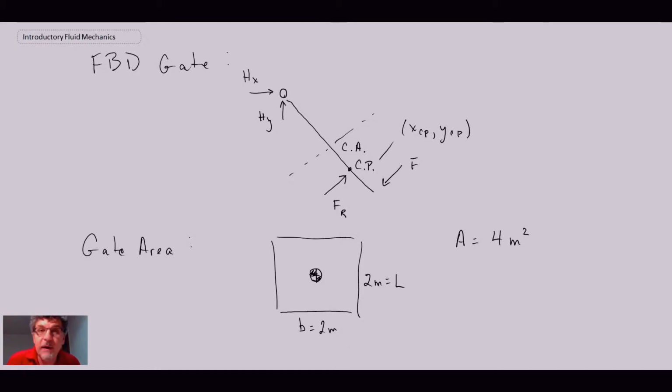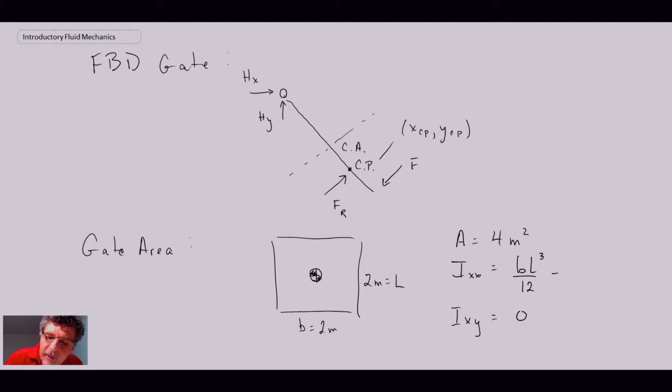Now, the other thing that we're going to need are the moments of inertia about X and Y, so go to your fluids book, look those up for a square plate, and what you'll find is the following. IXY in this case is 0 because it is symmetric.